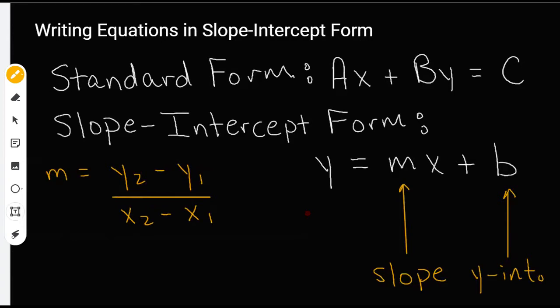The other way that we can find slope is called rise over run. So let's write that down. This is the second way that we can find slope, and it's going to be the one that we're going to be using today. It's called rise over run.